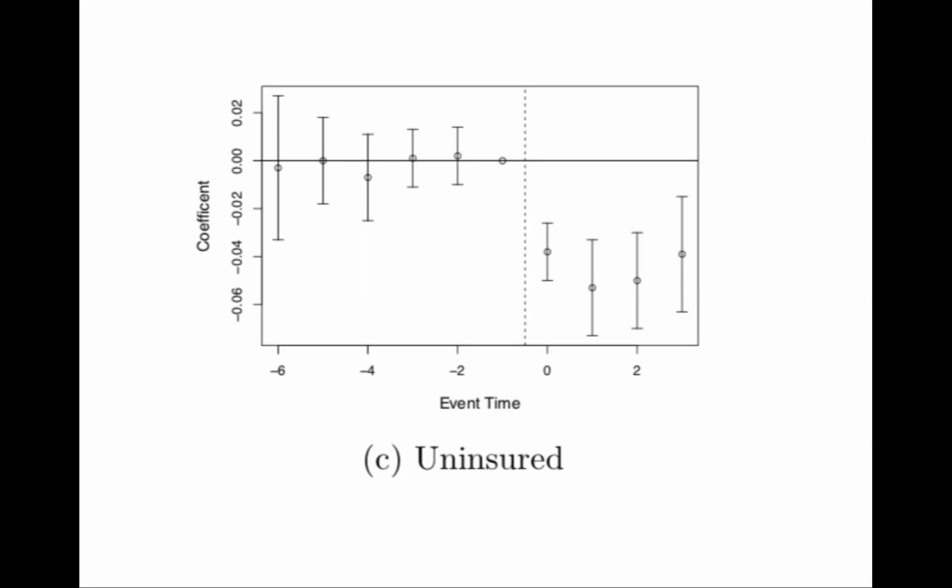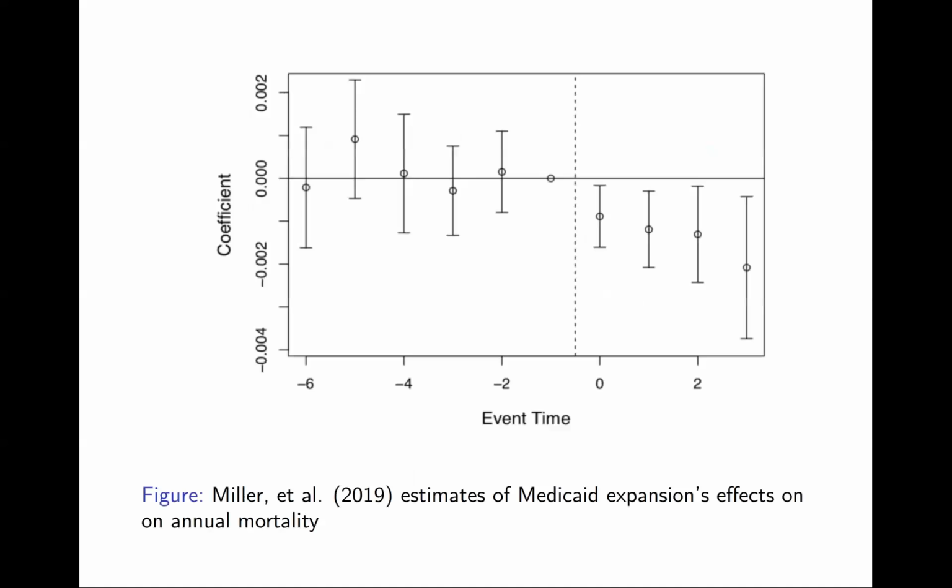So having shown that there was this really large effect, they then moved on to the proportion that passed away. Now, this is the more common sort of picture that you'll see with these event studies. We have four that are basically zero, and this one right here, which is not zero, but it's not statistically different from zero. So these four are basically zeros.